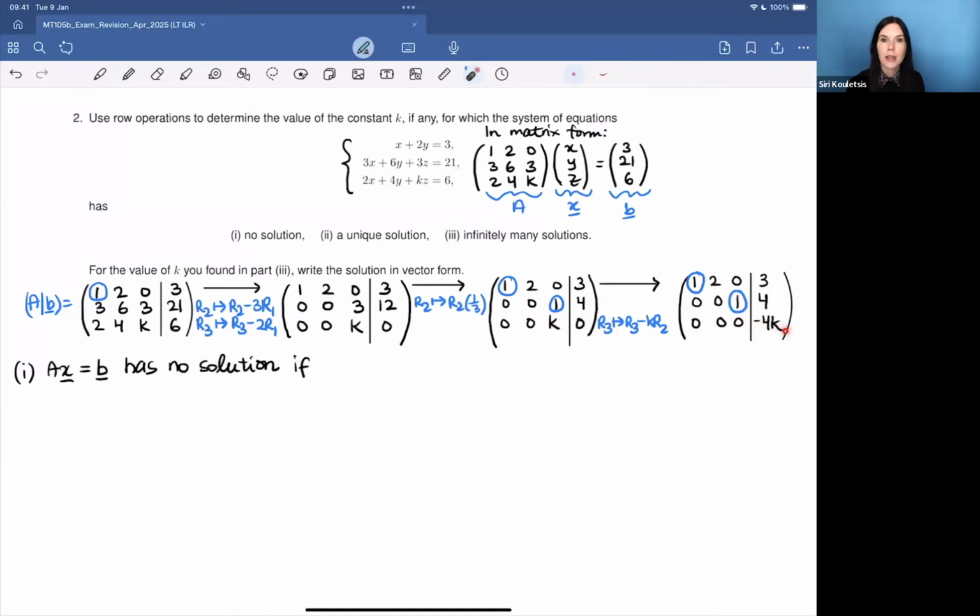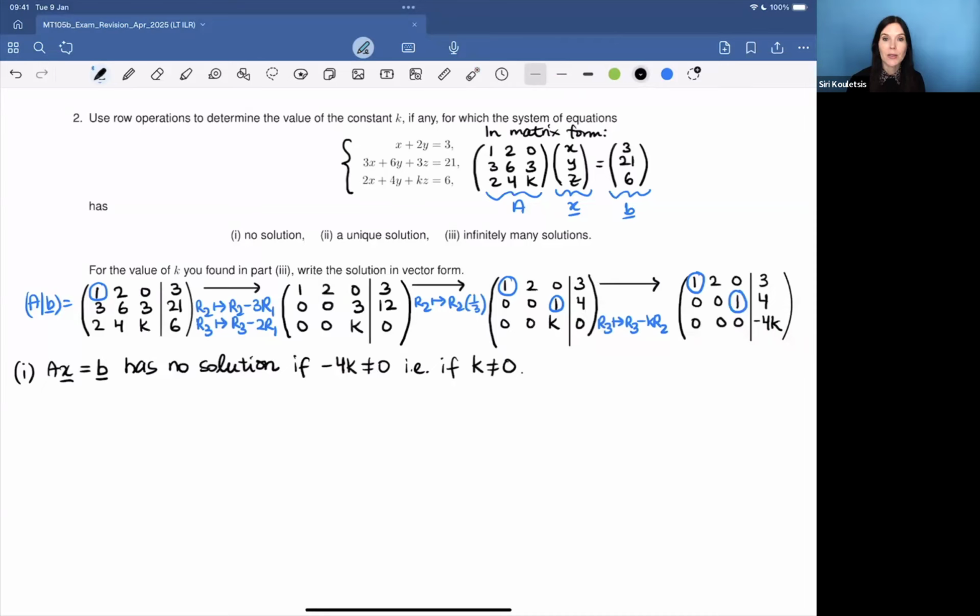But if the right-hand side here isn't 0 as well, then we have an equation of the form 0x plus 0y plus 0z equals something non-zero. And there are no x, y, and z that can satisfy that. So in other words, if minus 4k is not equal to 0, which is the same as saying that k is not equal to 0, then the system has no solution.